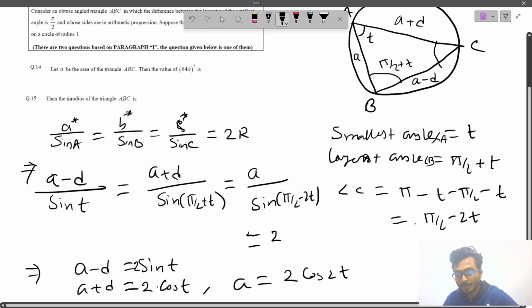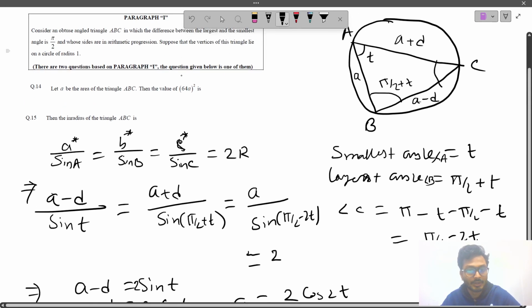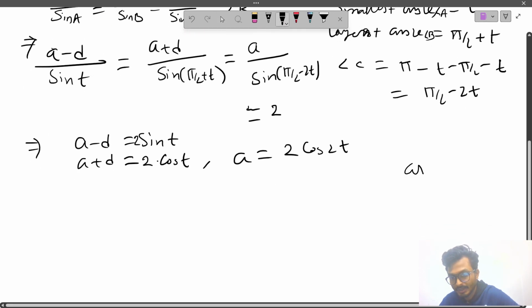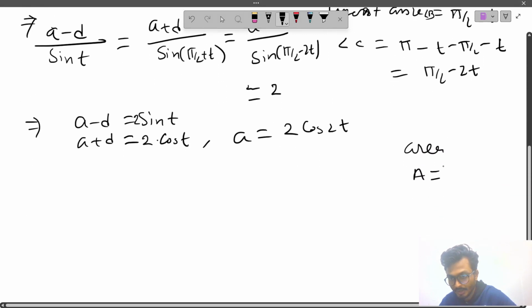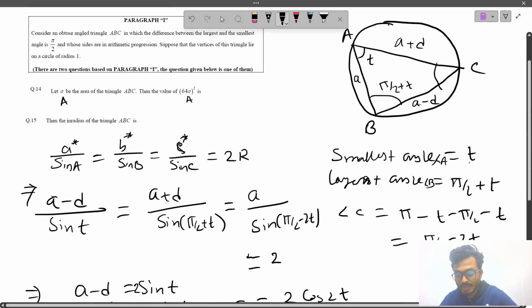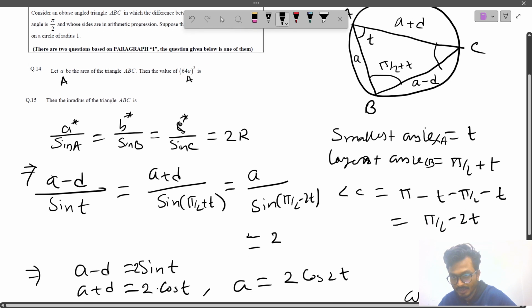Now what we have to find is the area. Suppose this area is capital A, because there is also a. What will be the area? You know the formula: area equals half into any two sides into the sine of the angle between them.